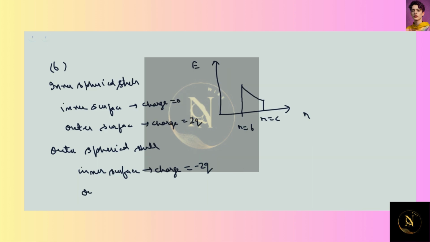So we have the outer surface equal to 0. So that's your answer for part b, and we are done with this question.